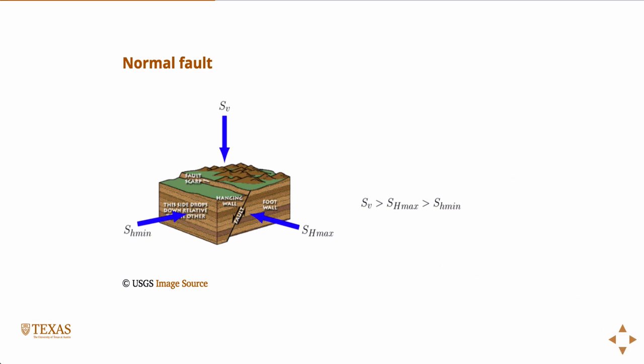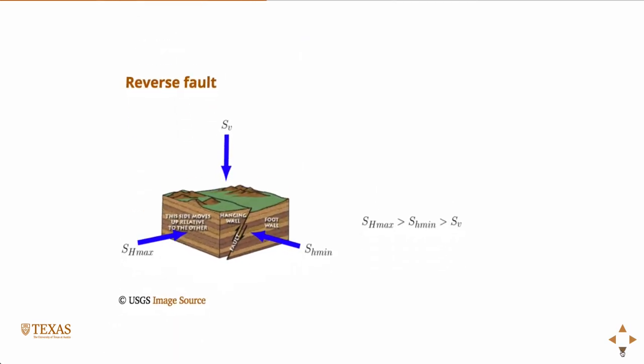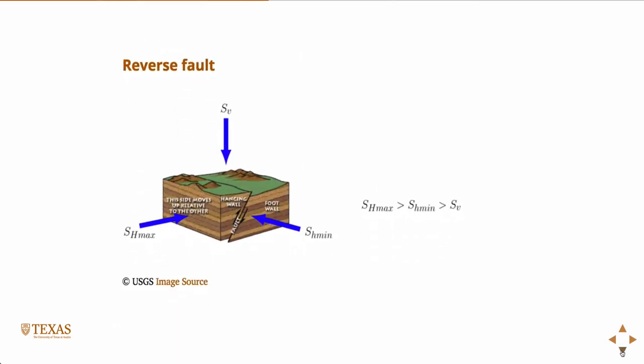So in a reverse faulting regime, the vertical stress is the minimum, right? In the reverse faulting regime, the hanging wall moves up relative to the footwall. And so in this case, the vertical stress needs to be small compared to the other two to accommodate that motion, right?